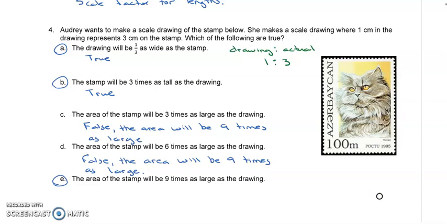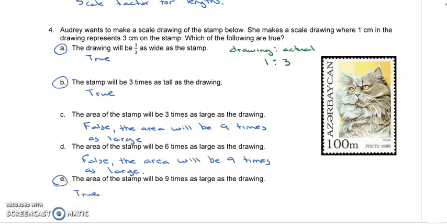And then as I go through my different trues and falses, I'm able to keep referencing back. So A was true, B was true, C and D were both false because we know that the area will be squared of the change in the dimensions. So that would be 3 squared is 9. And then for E, that one is also true.